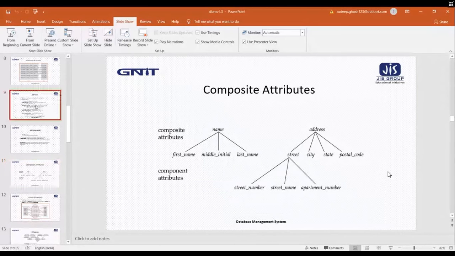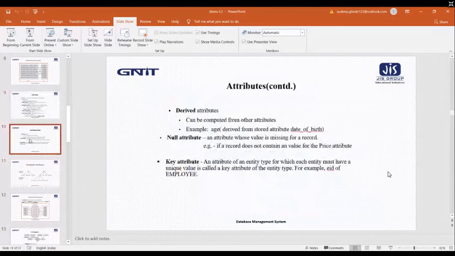So next we will go back to the term null attribute or null value. So null value means an attribute whose value is missing for a record. Okay.